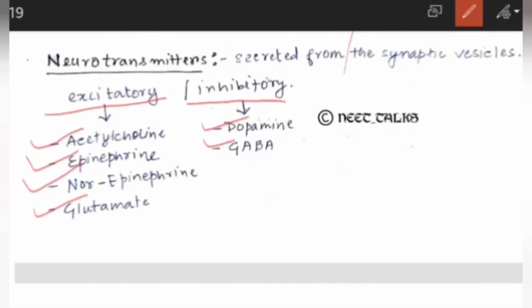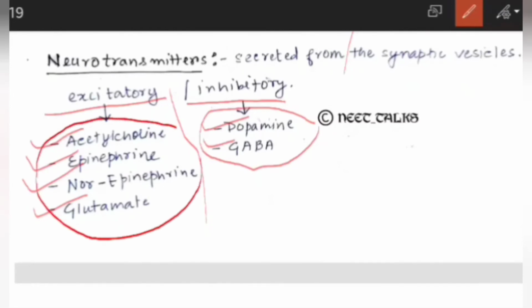But we have marked this differentiation based on the fact that these two neurotransmitters usually function as inhibitory, and these four usually function as excitatory. Most of their functions are to excite the cell, and most of the function of the inhibitory ones is to inhibit the cell from doing any activity.